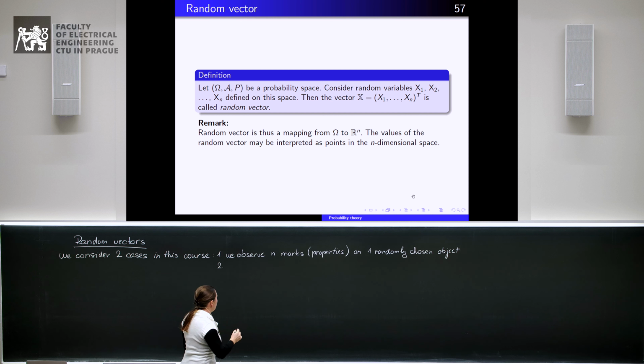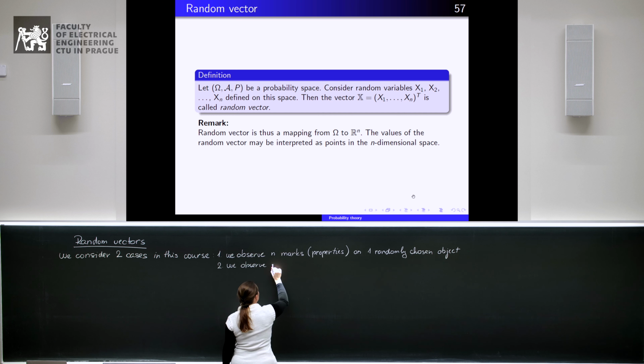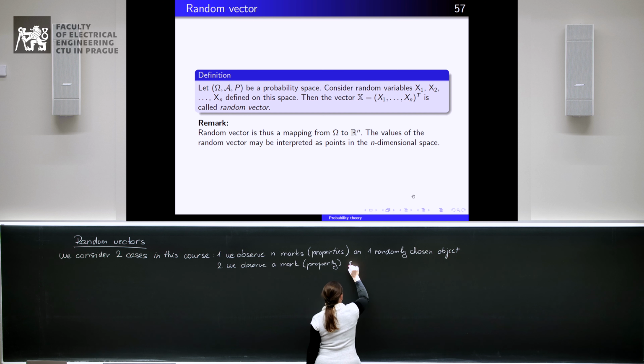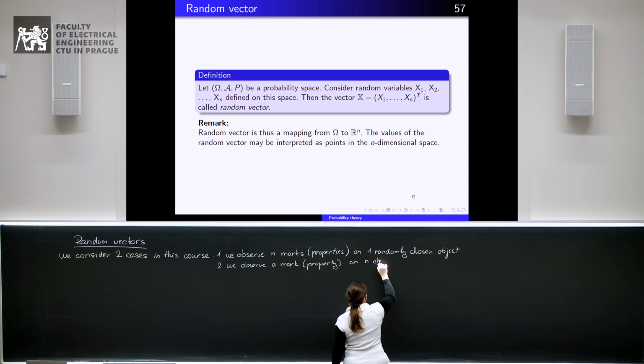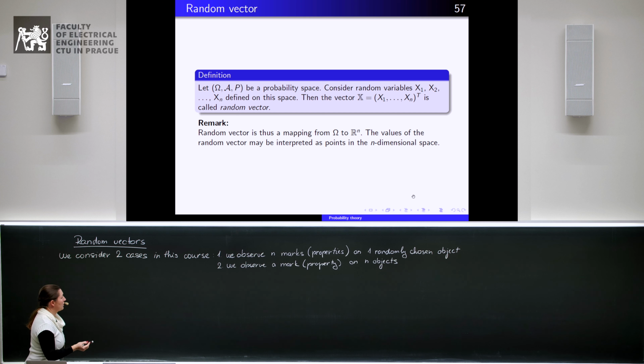And the second one, we observe a mark or property on an object. And so, some examples.